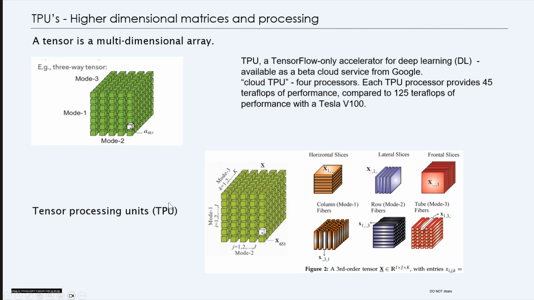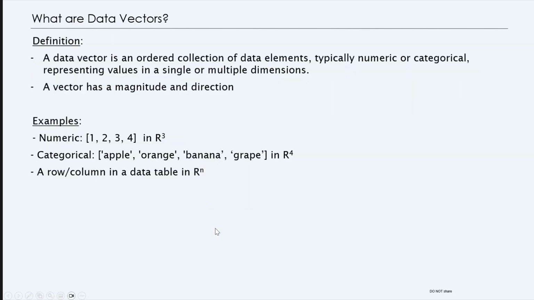Now, TPUs are optimized for high performance computation with TensorFlow, focusing on deep learning workloads like training and inference. They're very good at handling matrix operations, which are the core of machine learning algorithms.